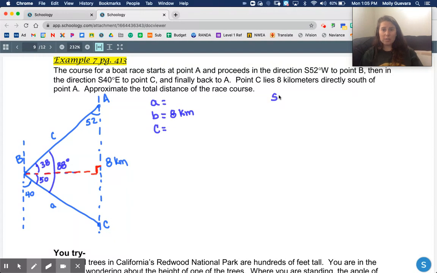So I can do sine of 88 over 8 is equal to sine of angle A, which is 52, over side A, which I don't know. So I'm going to solve, and I get A is equal to 8 sine of 52 over sine of 88.